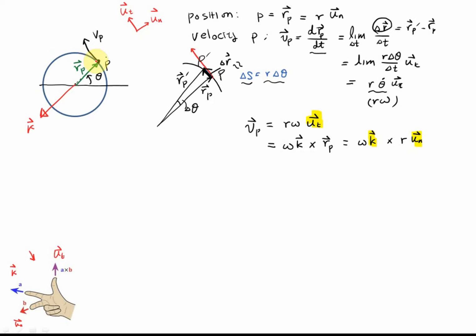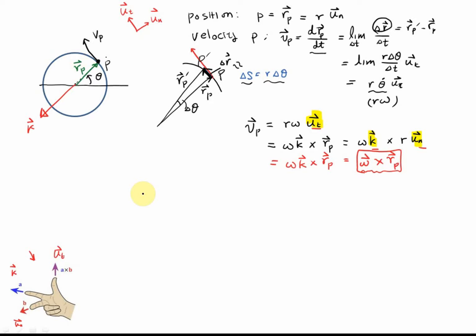If you make your angle according to the right hand rule, your thumb points to ut. That's why this is correct. So simply, as long as you know the direction of omega, we can write omega k cross product rp, or just say the angular velocity vector cross product the position vector. This is just the vector notation for the velocity.